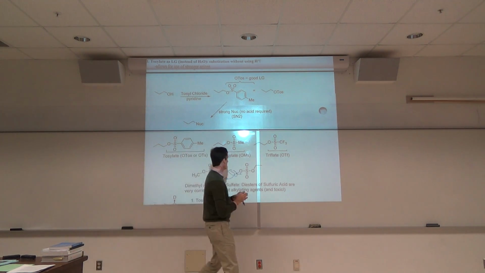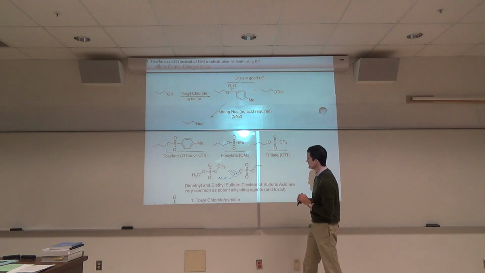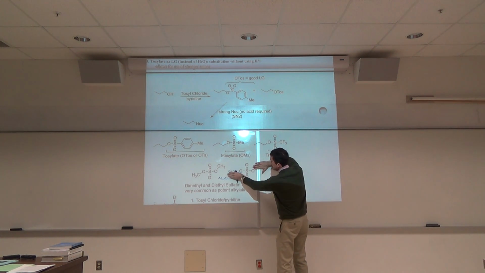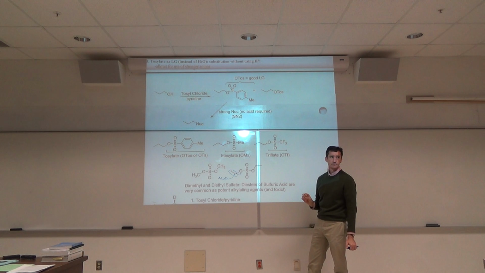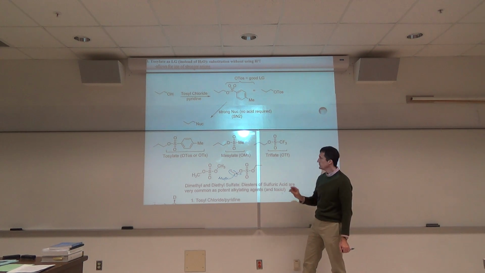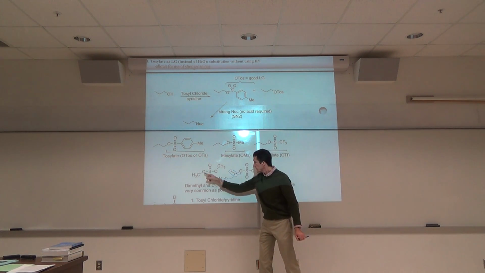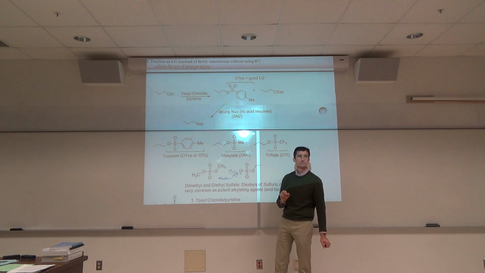These are very cheap. Instead of ethyls on each oxygen, if that was H's on each oxygen, what would that molecule be? Sulfuric acid. See, these are kind of esters of sulfuric acid, and they're very cheap. They're commonly used to supply methyl groups or ethyl groups for SN2.